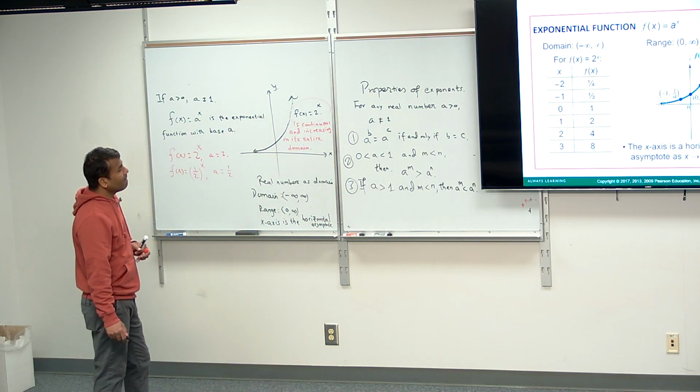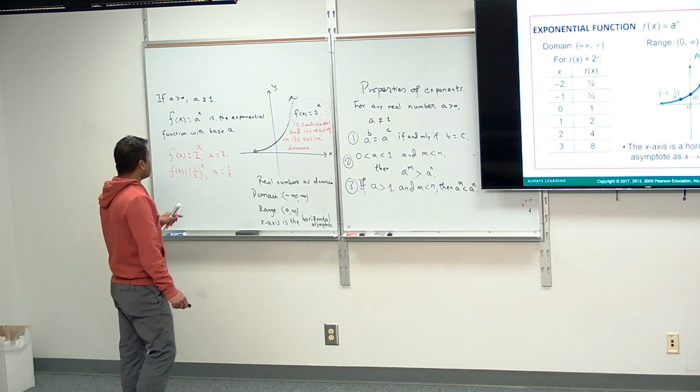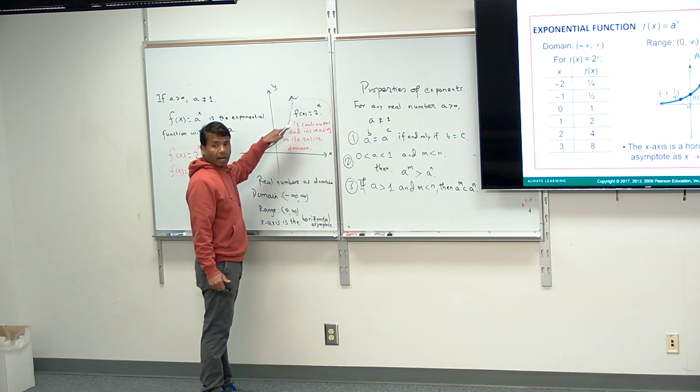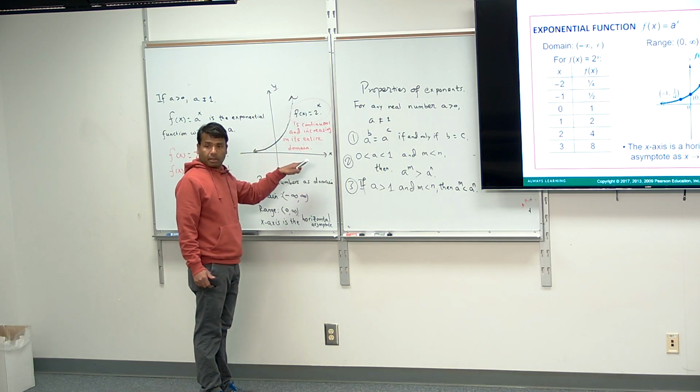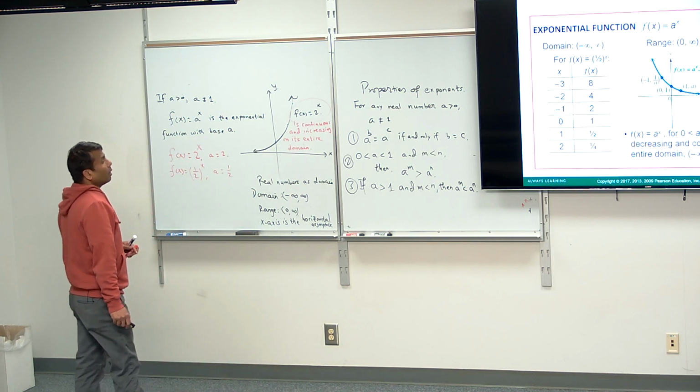Okay. And I told you the x-axis is the horizontal asymptote because the graph does not intersect the x-axis. Okay? Good.